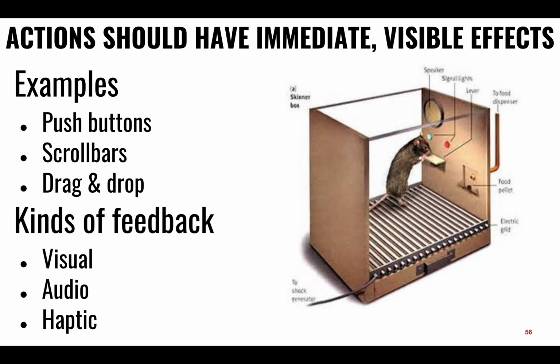So that delay makes it hard for us to create a mental model of the rules of engagement with that application. When you scroll, you expect things to scroll right away. When you drag, things drag. So certainly immediate visible effects are useful.